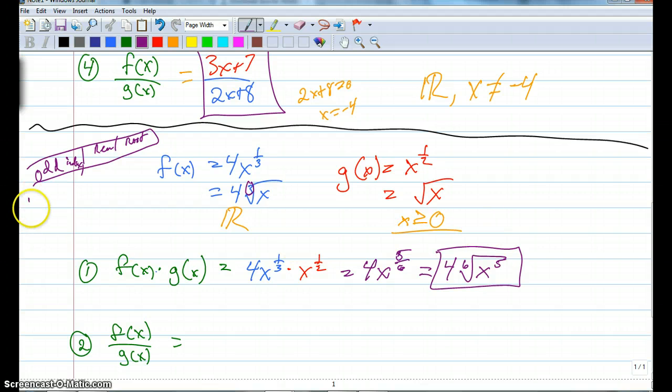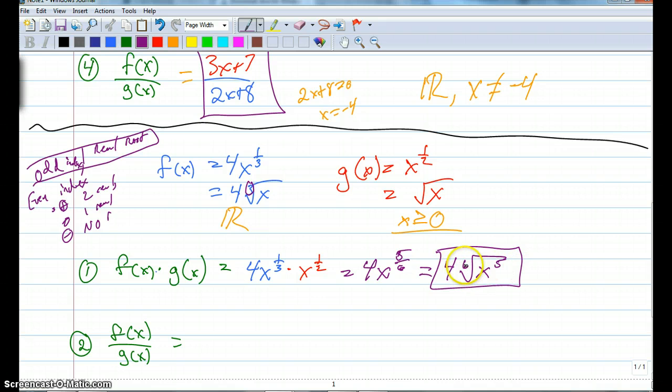However, if it's an even index, that's when we had 3 different scenarios. Positive gave us 2 reals, 0 gave us 1 real, and negative gave us no reals, because you cannot take the square root of a negative number.